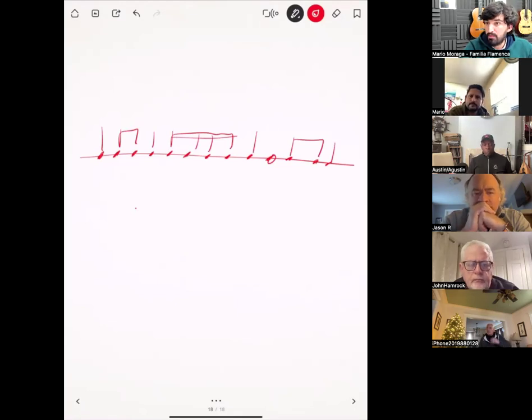It doesn't make sense on the rhythm, but it's just to get used to it. Ta, ti, ti, ta, ti, ti, ta, ta, ti, ti, ta. Okay, start working with examples like these ones.